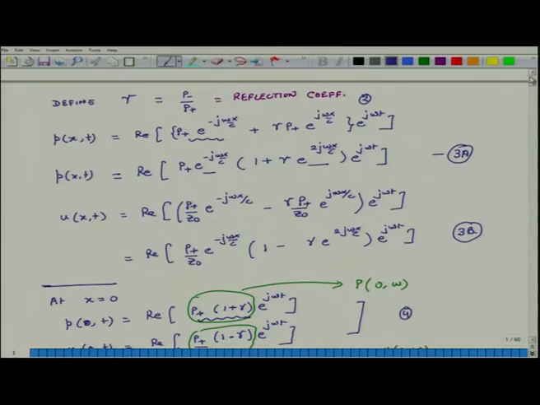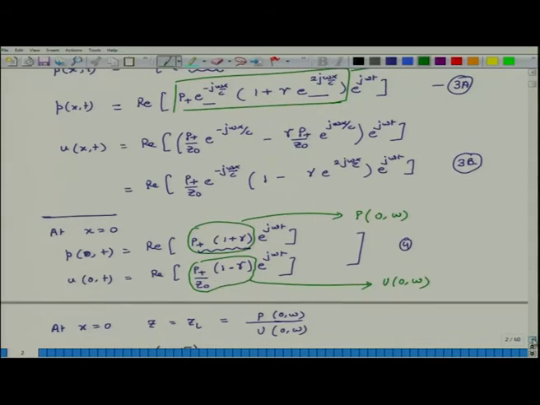Now, we will go back to our equations 3a and 3b, and we note that this entire term is the amplitude of complex pressure, right? If I remove e to the j omega t from this entire term, that is the amplitude of the complex pressure, and this amplitude changes from position to position, because there is e to the j omega x over c in the system.